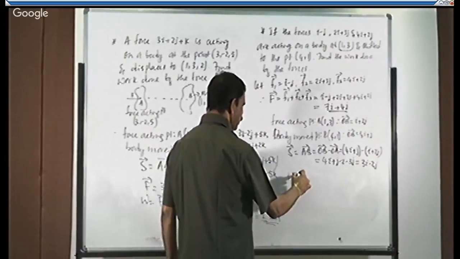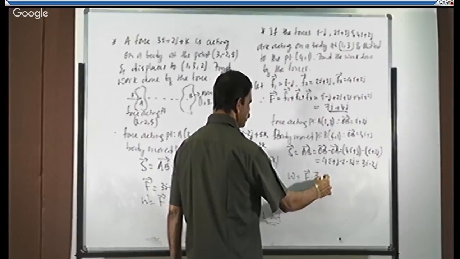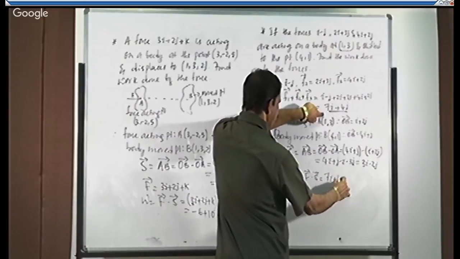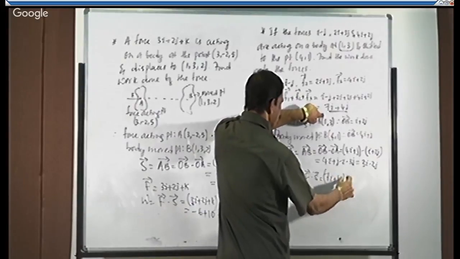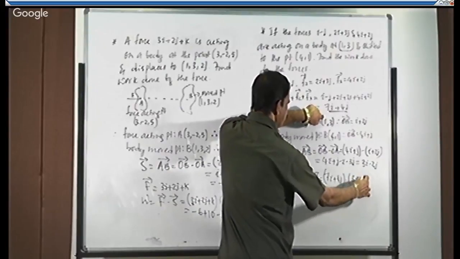Then work done is equal to F dot S. What is F? F is equal to 7i plus 4j, dot S. What is S? S is equal to 3i minus 2j.